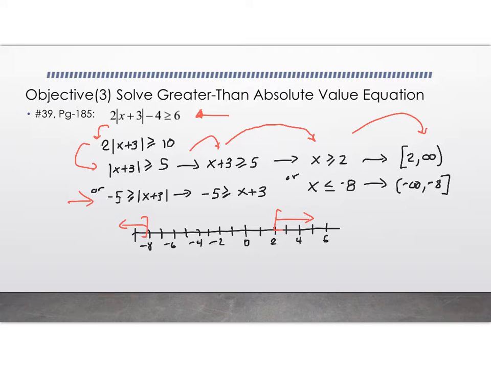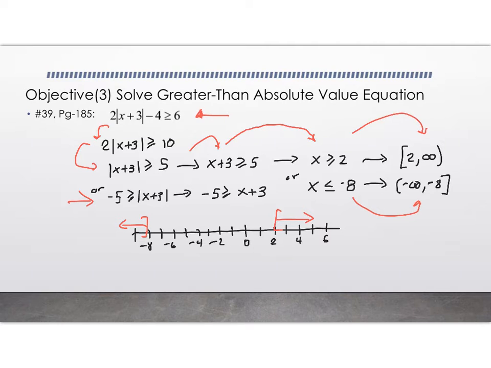Well, it is. x is less than or equal to negative 8. So here we have interval notation of negative infinity to negative 8 bracket. It can be -8, but it can't be negative infinity, obviously. It's not a number, right?